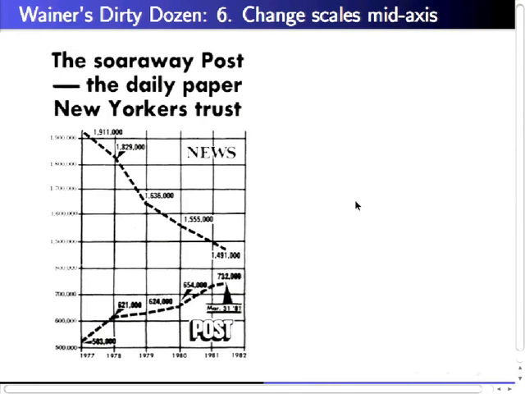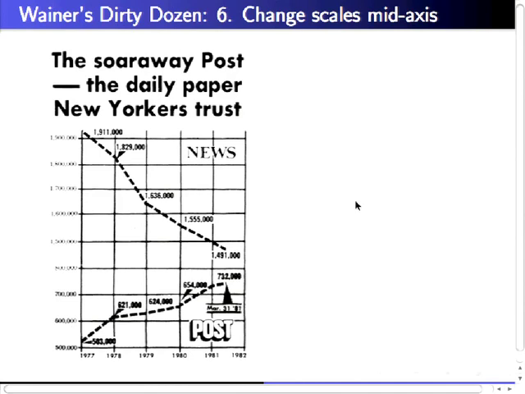It looks like the Post is about to overtake the News, until you notice that on the vertical scale, those of you in the back probably can't read this, it goes 500,000, 600,000, 700,000, 800,000, 1.5 million. And that's right where the two lines are merging. So the scale has been changed mid-axis, and the only indication of that is by carefully reading the tick mark labels. So it's quite deceptive.